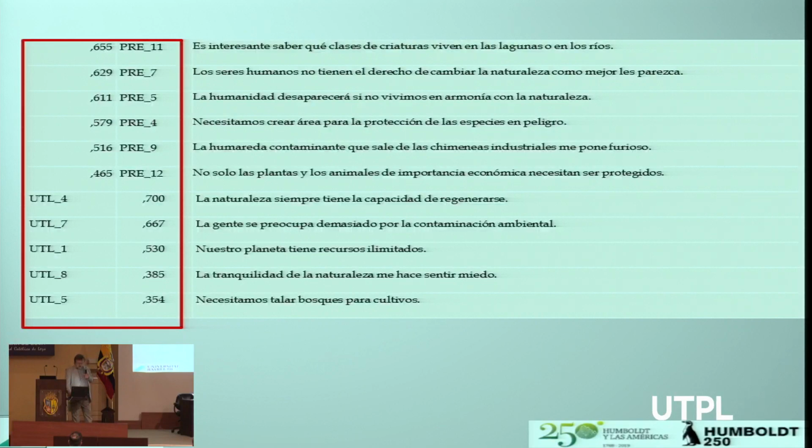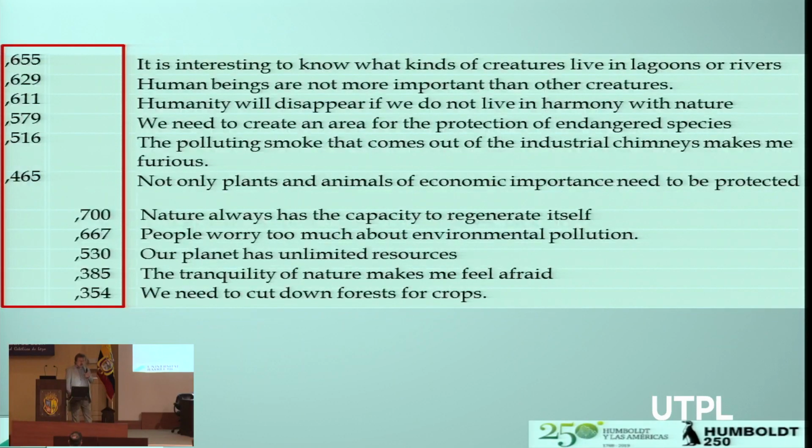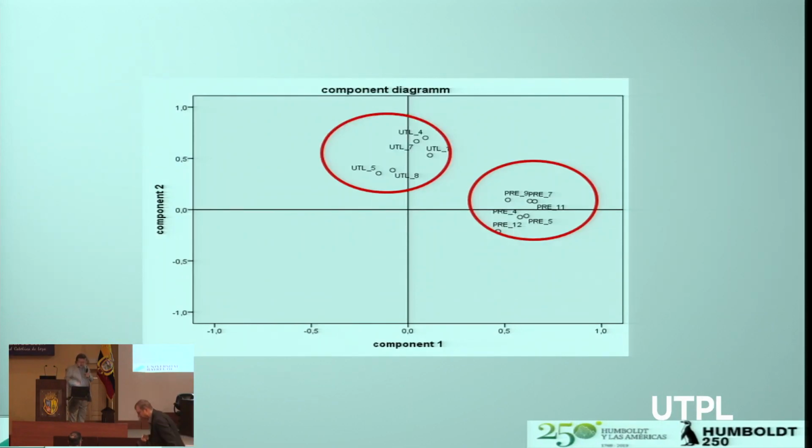And therefore we normally drop them. But it's stable enough. Here is the English version of the questionnaire, for those not Spanish speaking. And yeah, I don't go into the detail because I don't have time for this. This is another way to show the two independent factors.